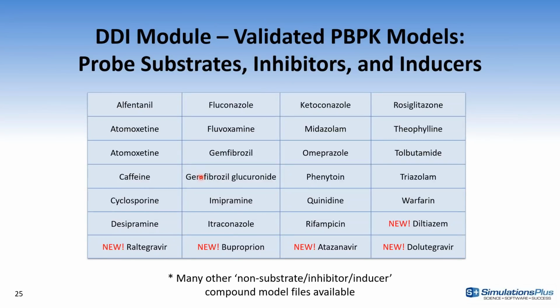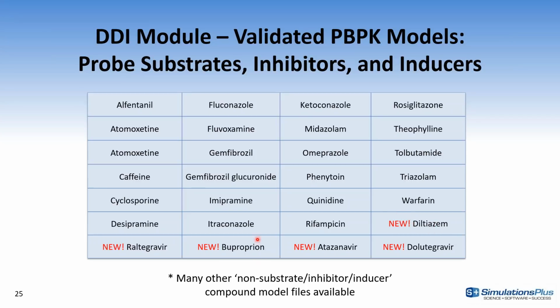We've also added few new models into the DDI database of standards. So if you are using GastroPlus for DDI predictions, you will now have additional built-in models to allow you to account for CYP3A4 time-dependent inhibition with DILIsym.